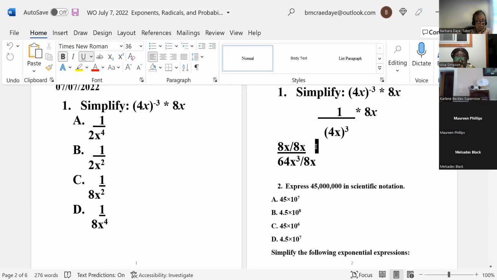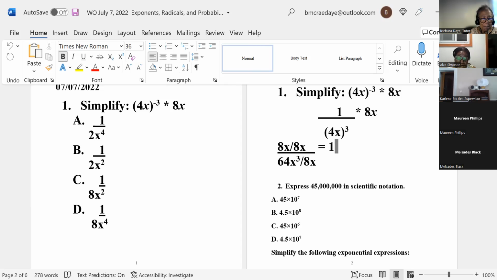Let's take the first one. 8x divided by 8x is equal to what? I would say 4. No, 8x divided by 8x. Remember? One. That's right, Alba. Any number or variable or number-variable combination divided by itself is just equal to 1.